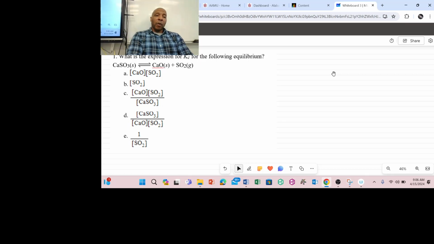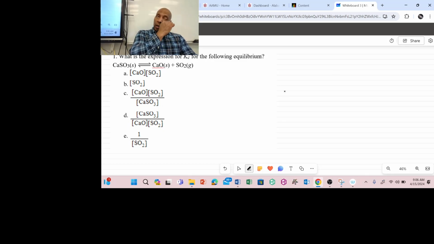Okay. So guys, what is the expression for the Kc for the following equilibrium? Now we're mindful of the fact that we take the concentration of our products and raise them to the power of their stoichiometric coefficients, divided by the reactants raised to the power of their stoichiometric coefficients. But there's a twist. We're not supposed to put solids and pure liquids in our equilibrium expression, are we? No, we're not.